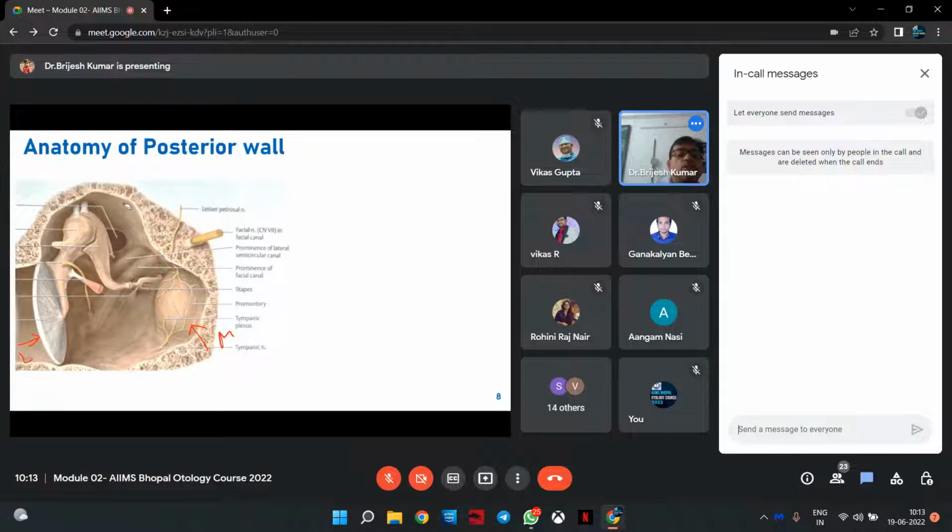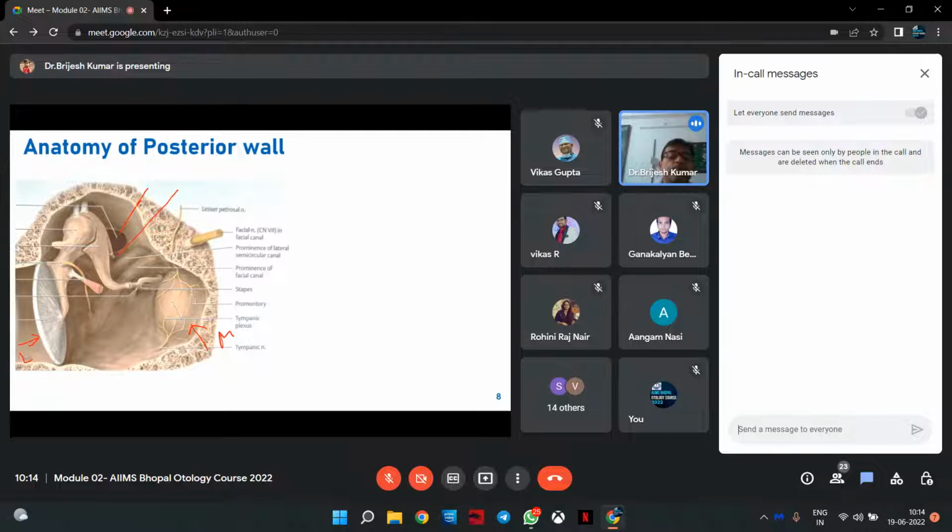So the features seen here, that is the aditus, which is the communication between the middle ear cavity and the mastoid air cells. Here is the fossa incudis, where the ligament for the short process of the incus is attached.